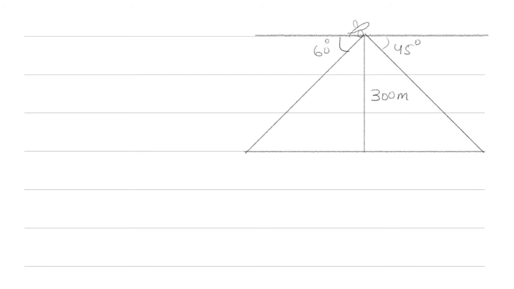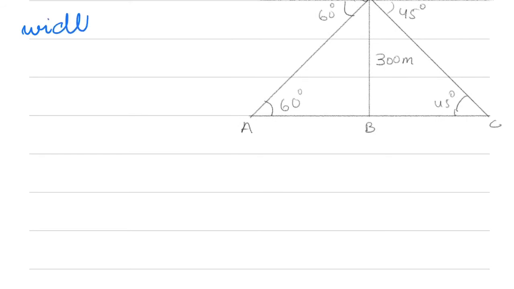This angle will also be 60 degree and this angle will also be 45 degree, because the angle of elevation is equal to angle of depression. Let's name these points A, B, C, D. We have to find the width of the river. That is, we have to find AC.